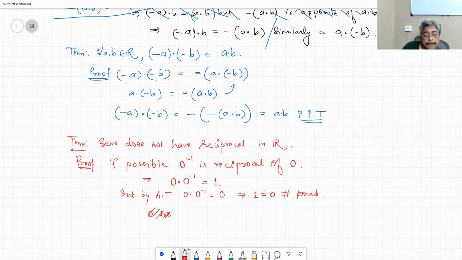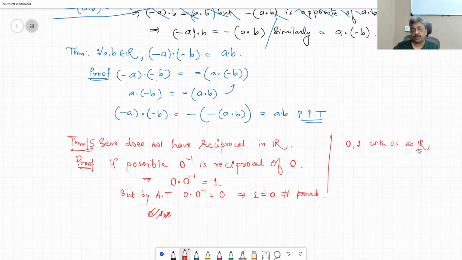Okay. Now, I don't know what the theorem number is. If you number them from 1, 2, 3, 4 right from the beginning, this is theorem number 15. So up to theorem number 15, for all practical purposes, we have only 0 and 1 with us as real numbers.